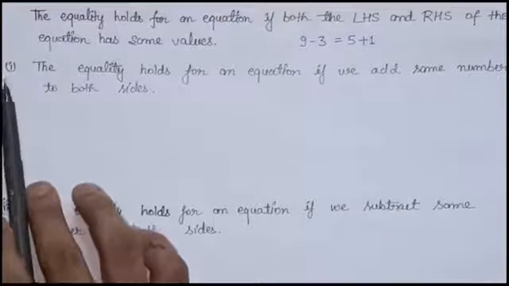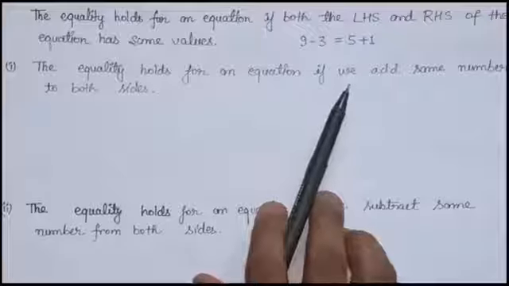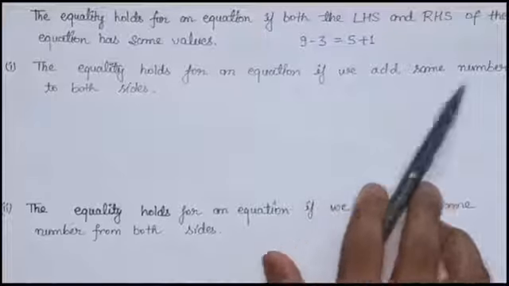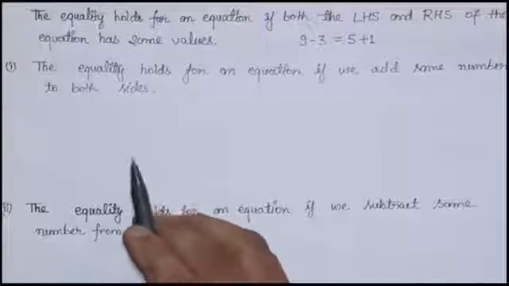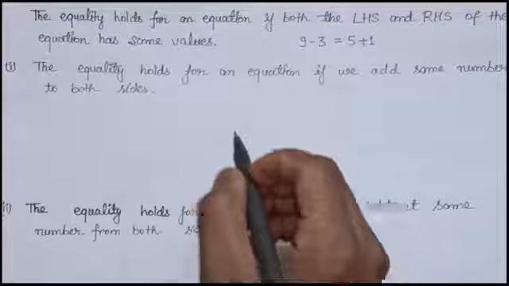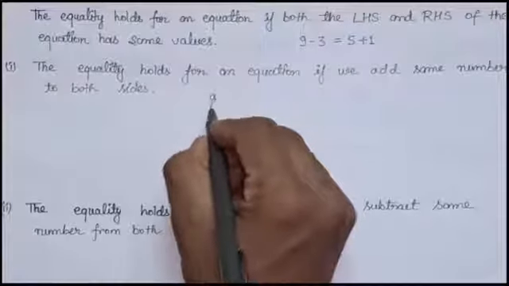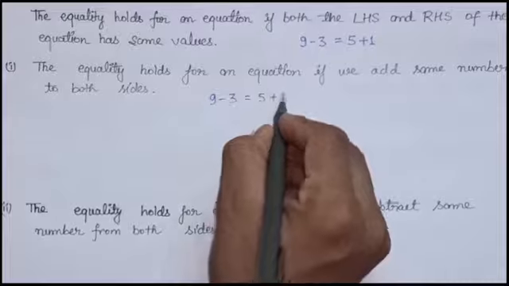Now our first point is that the equality holds for an equation if we add the same number to both sides of the equation. Let us understand this concept with the help of the equation that we have taken here. Our equation is 9 minus 3 is equal to 5 plus 1.